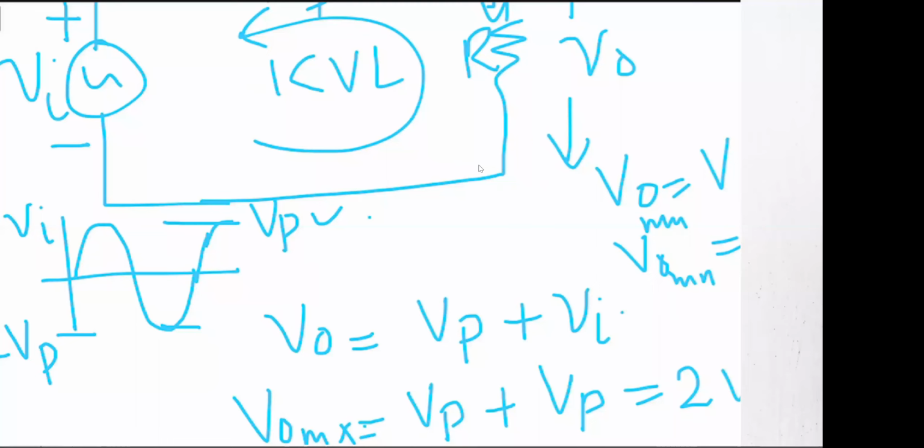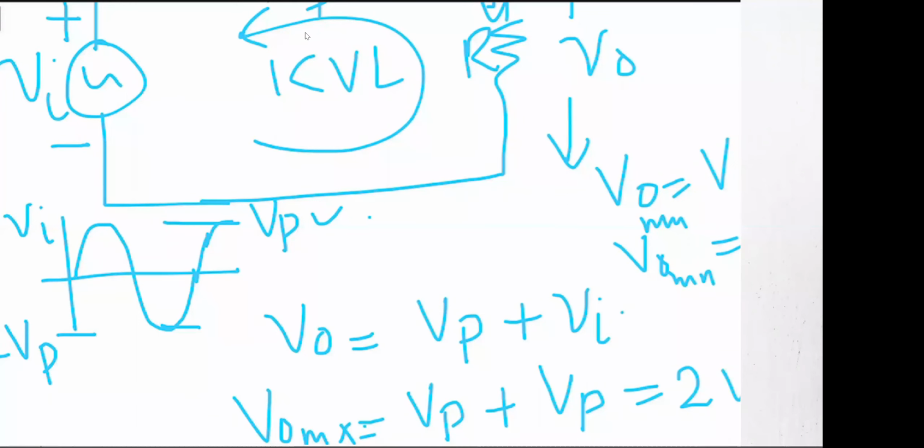Once it is holding the value VP, whatever variation there is in the input is directly reflected at the output.